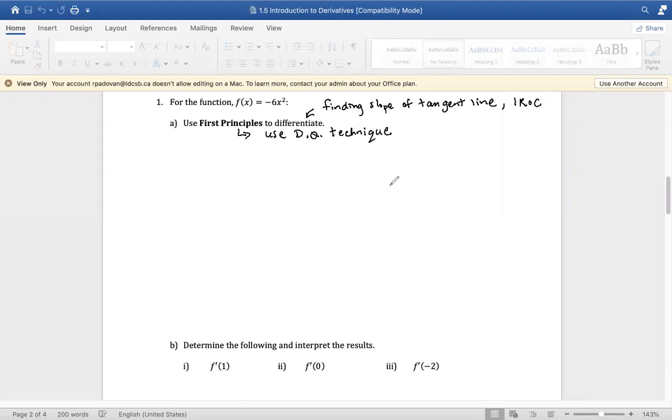What I'm going to get in my answer, but we'll go over that again afterwards, is an equation that represents the instantaneous rate of change at different x values, so that if I plug different x values in, I can figure out what the instantaneous rate of change is at that x value using that new equation, which would be the derivative equation.